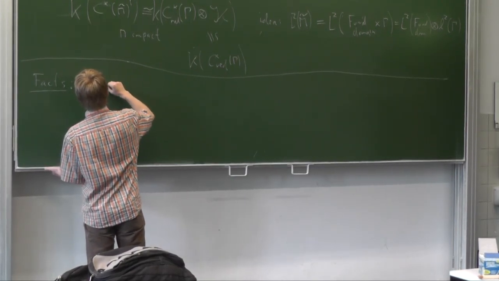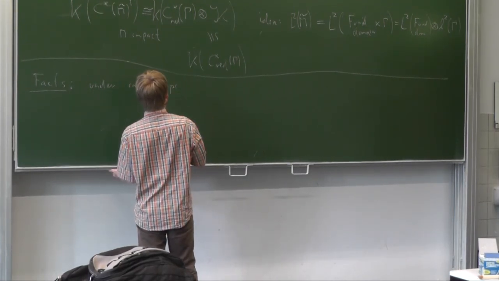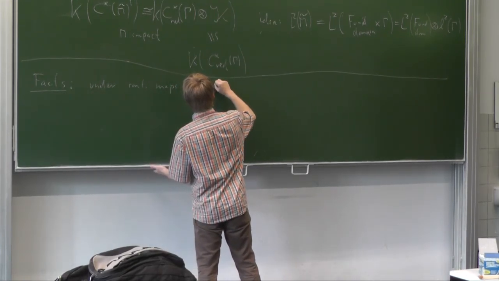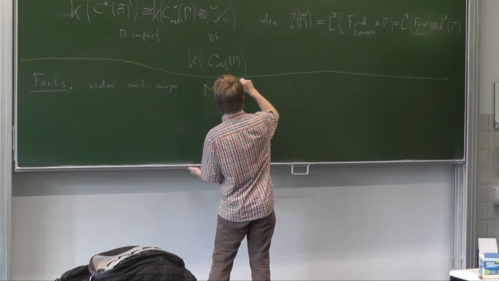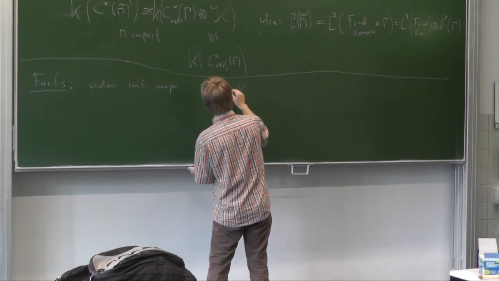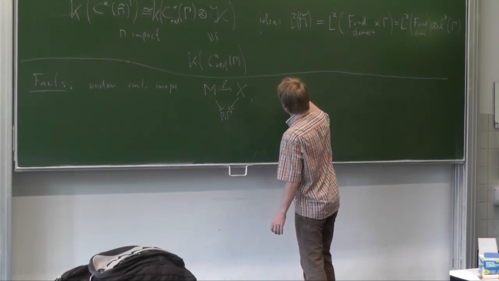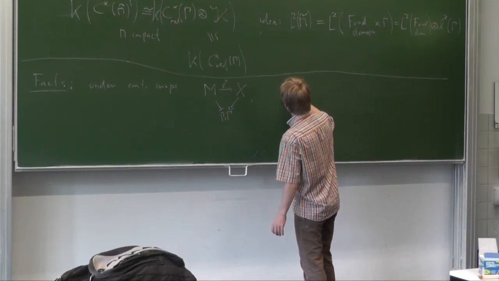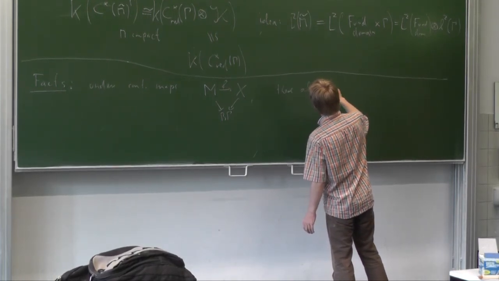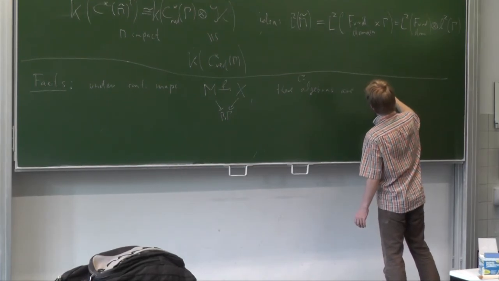Under continuous maps, we have a map M to some other space X, and all should come with a reference map to B gamma. These C-star algebras are functorial.